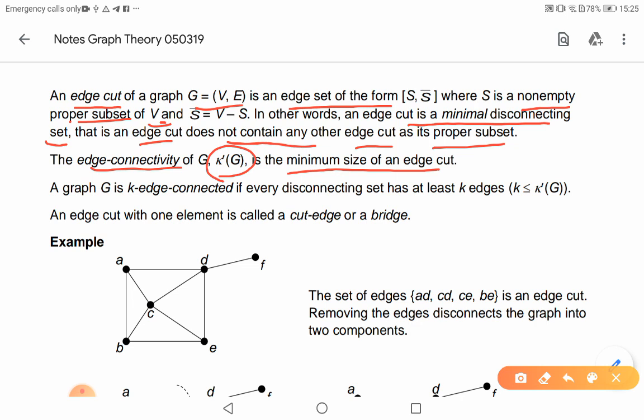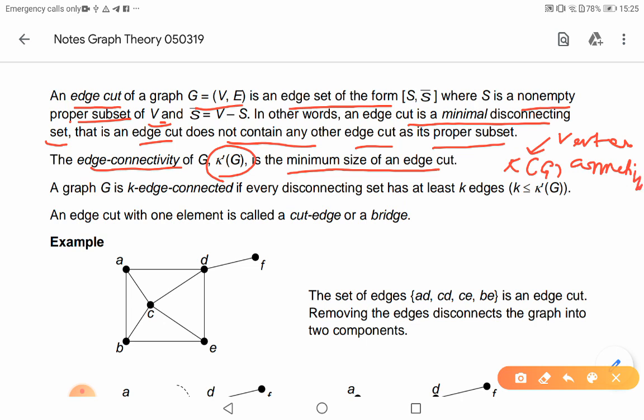Why is this prime? If you remember, the vertex connectivity is kappa G. This is vertex connectivity, which we studied in the last lesson.